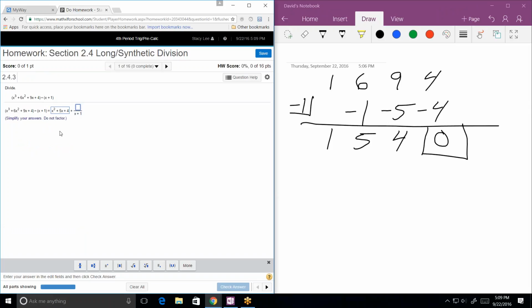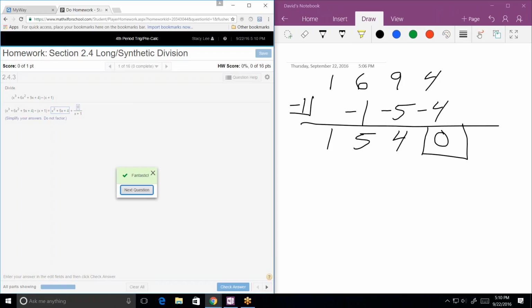I pushed enter. Didn't seem to do anything. No, I guess I do have to put a 0 in there. It wouldn't let me finish the problem without putting a 0 in there, but I think that is only because it's Excel. If this was on a test, you would never put the remainder in there like that.